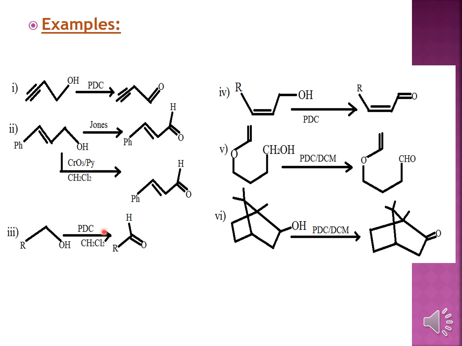If it is released in large amounts it will be dangerous, it can cause some skin allergy, and it is very carcinogenic. Okay, so here again the alcohol is getting converted into an aldehyde, and this secondary alcohol to ketone, and primary alcohol to an aldehyde. Secondary alcohol in the presence of PDC or DCM gives the ketone group.